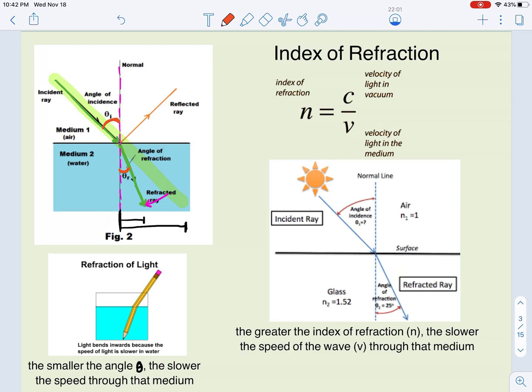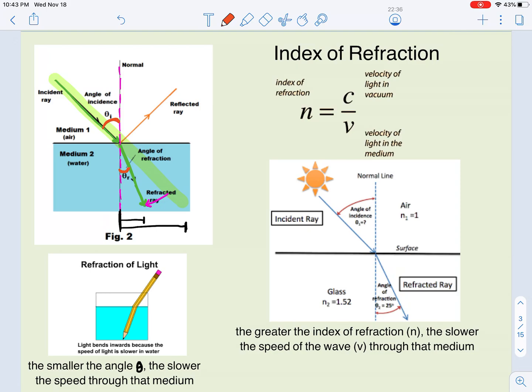And so if we compare these two angles, the refracted angle is indeed smaller than the original incidence angle. And so that's going to indicate that my wave moves slower in this second medium, in this case, water. Now we have a formula over here to the right. N equals C over V. What does that mean? Well, not only can we interpret how the speed is going to be affected, we can actually perform some calculations.